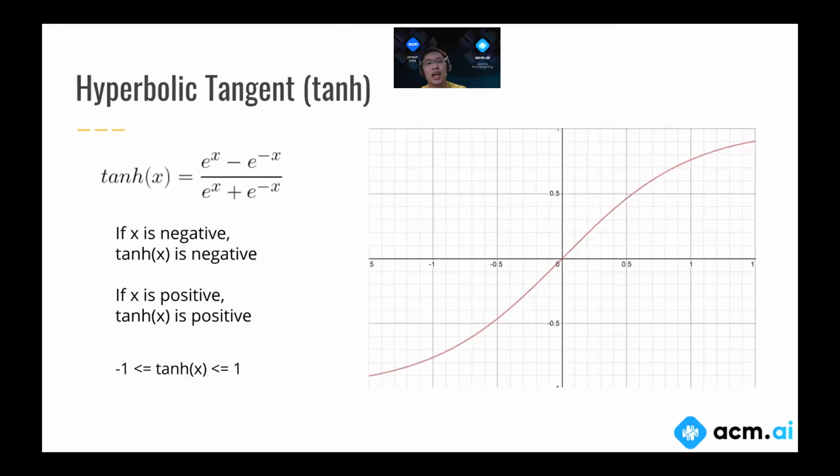All right, so hyperbolic tangent is kind of similar to the sigmoid function. I forgot to mention that sigmoid is ideal for classification, and so is hyperbolic tangent, because the range of hyperbolic tangent is from -1 to 1 as well. So this is also ideal for binary classification because you can just define -1 to be one of the classes and 1 to be the other class.